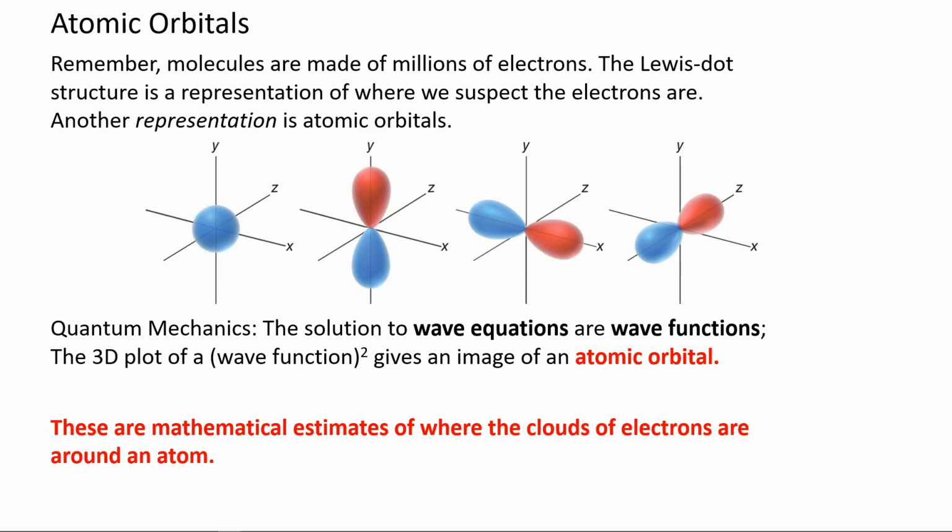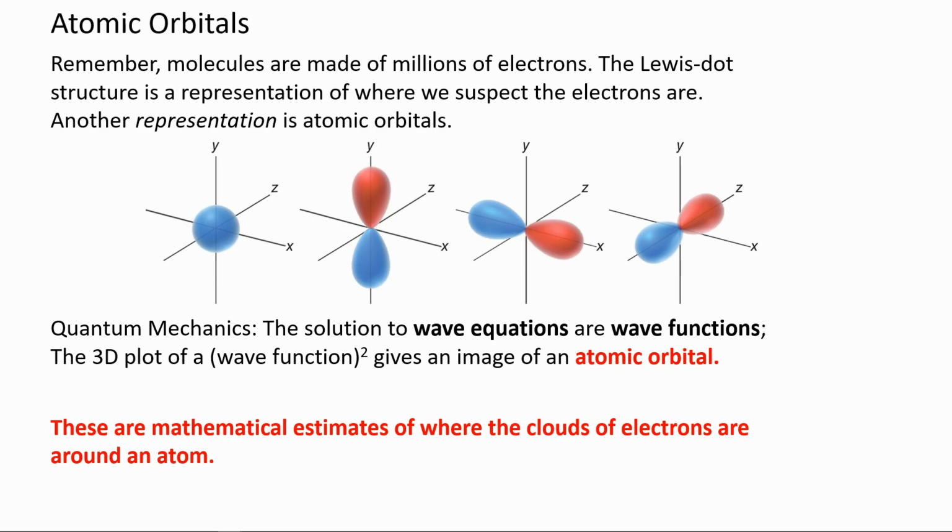We can use atomic orbitals as models to get an even more accurate understanding of where exactly the electron density, where those clouds of electrons exist, with relationship to the center of the atom, the nucleus of the atom.